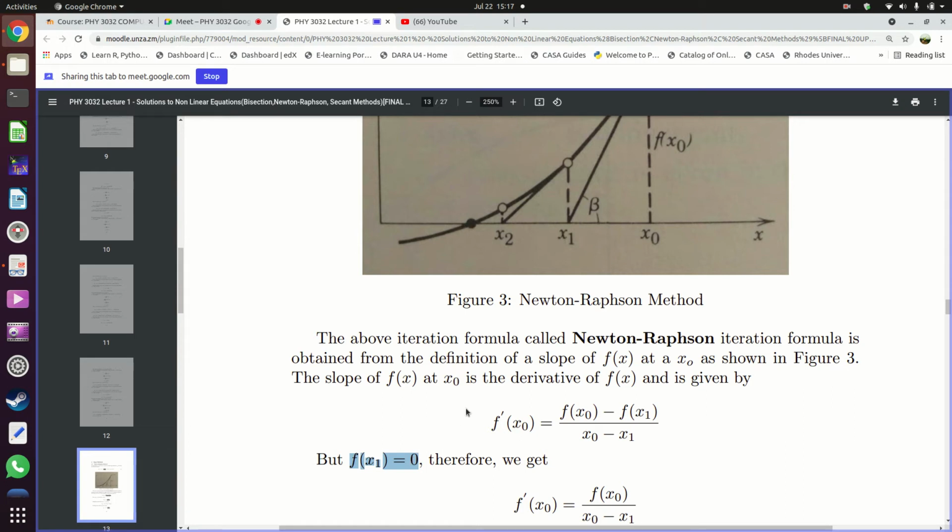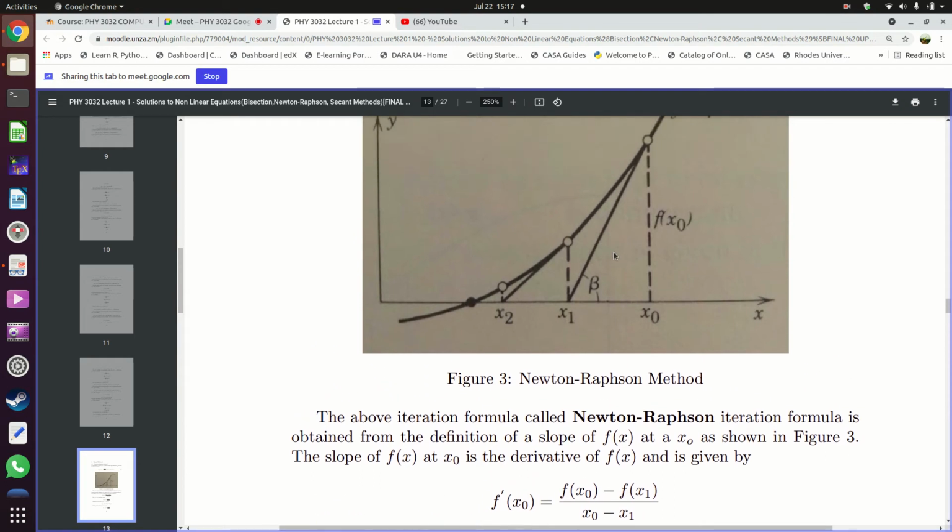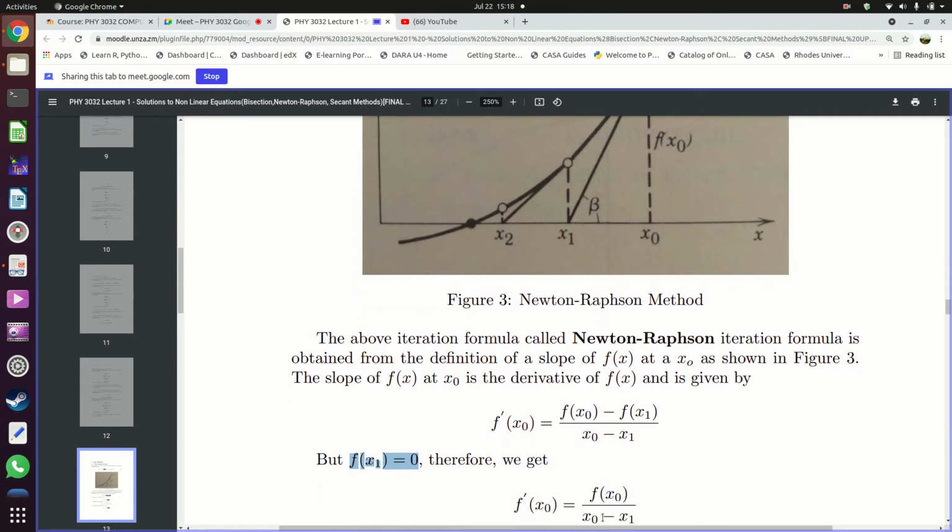Yes. So after we do this derivative business here, we use the definition of the derivative. The derivative is equal to the change in y, which is f of x0 minus f of x1, over x0 minus x1. We are using this method to find the solution x1. If x1 is taken as a solution, then if we put x1 in f of x, it must give us 0.